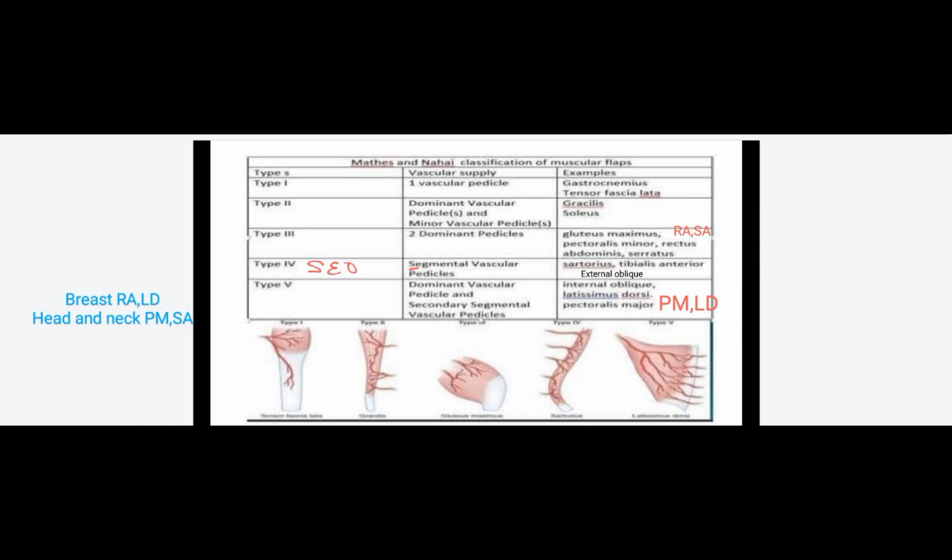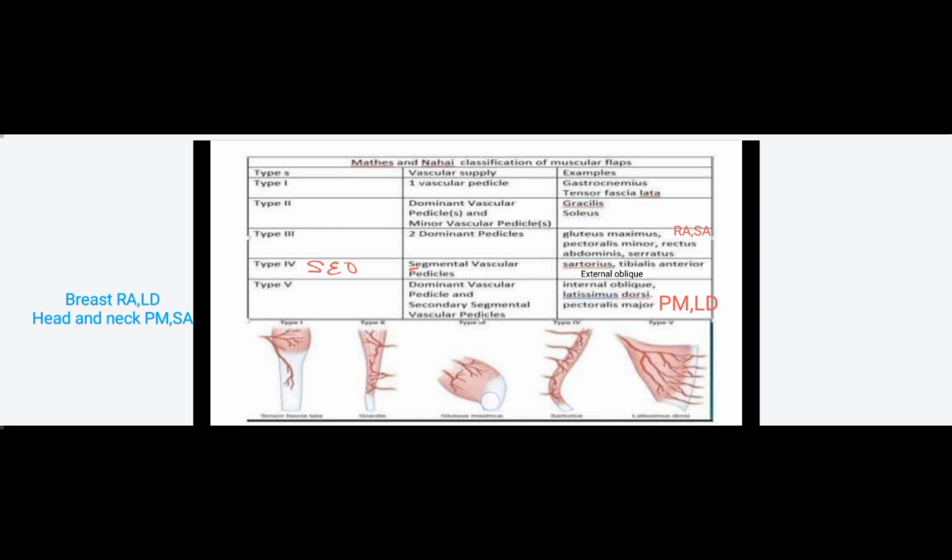Then type 5 is dominant vascular pedicle and secondary pedicles. That is internal oblique, latissimus dorsi and pectoralis major. So type 1, we have one vascular pedicle, gastrocnemius and tensor fascia lata. Type 2 is one dominant and other minor vascular pedicle, soleus and gracilis. Then type 3 we have two vascular pedicles.